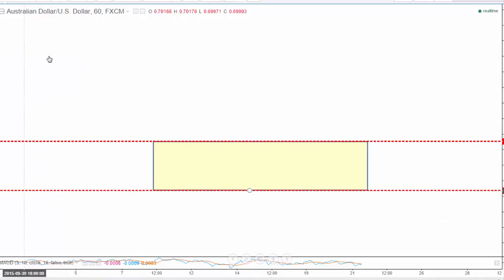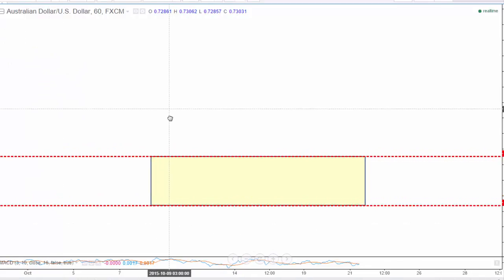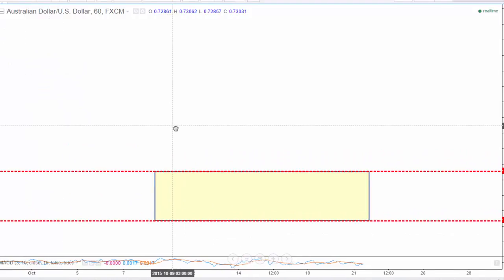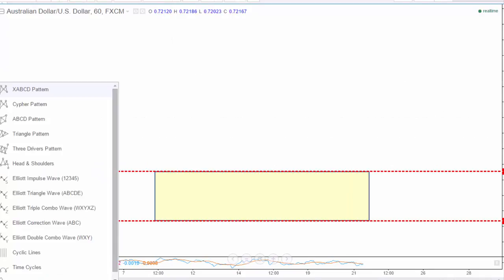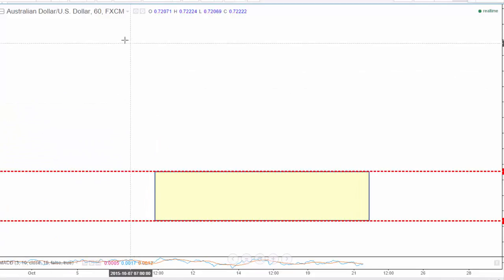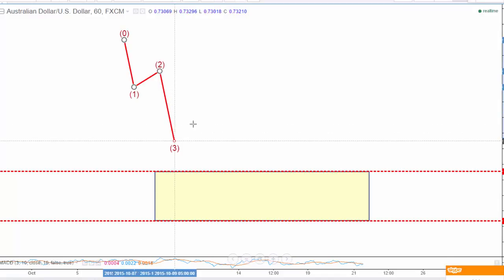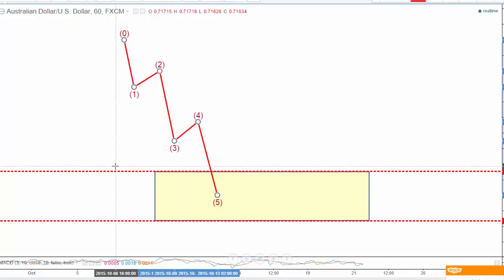I like to identify where in the trend we are. A couple of ways to look at it. Let's take this Elliott wave. Market's doing its wave, doing its wave, doing its wave, and then pushes down into the zone.